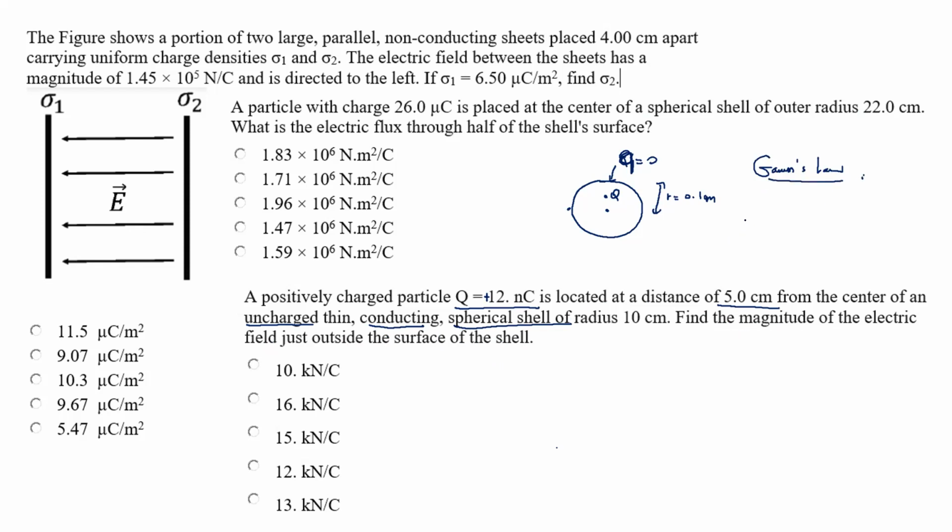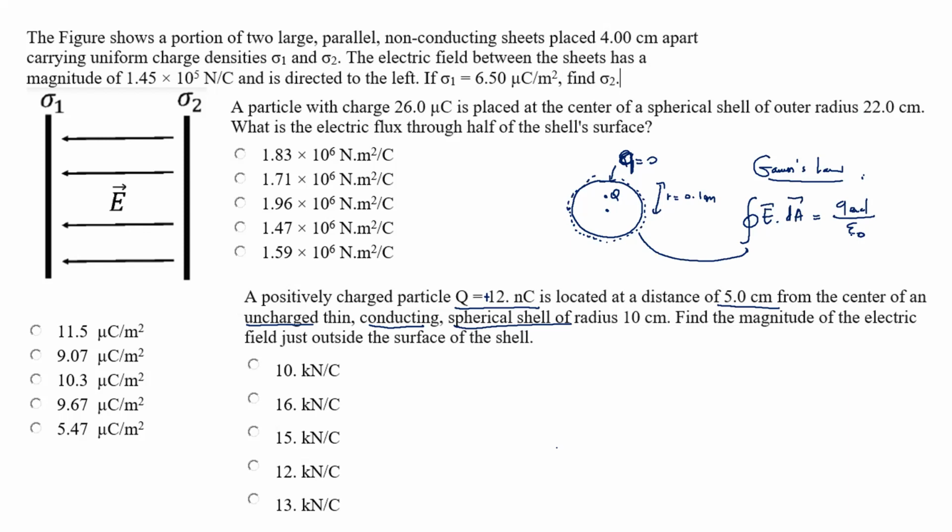Gauss law is telling you that the integral over my closed surface, which will be just the outer surface of my spherical shell, because that's where I want to calculate my electric field, and of course it's a sphere, of E dot dA is equal to the charge enclosed divided by epsilon naught.